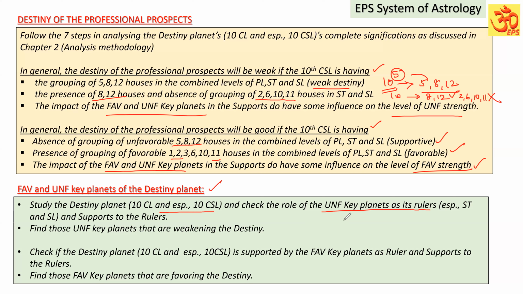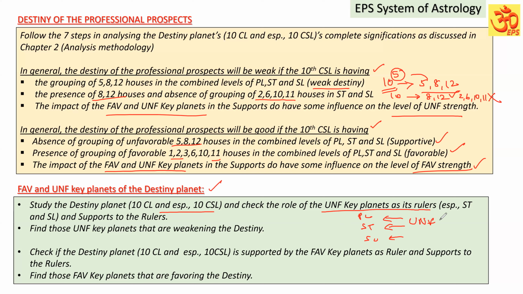They can have some weak significator, but the 10th sublord and star lord and sublord planet may be under the influence of the strong unfavorable key planet in supports. So they are becoming the unfavorable key planets influencing the destiny.